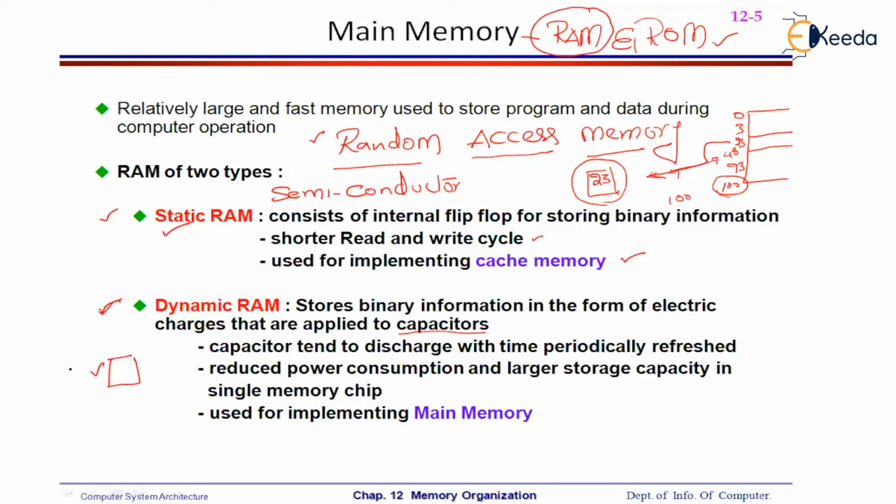That means even though you lost the power, you don't lose the data at all. That is simply because the capacitors are charged. Until they get completely discharged, you are going to have your data available in the RAM chip, which is constructed using capacitor technology. Okay, so this is all about dynamic RAM.